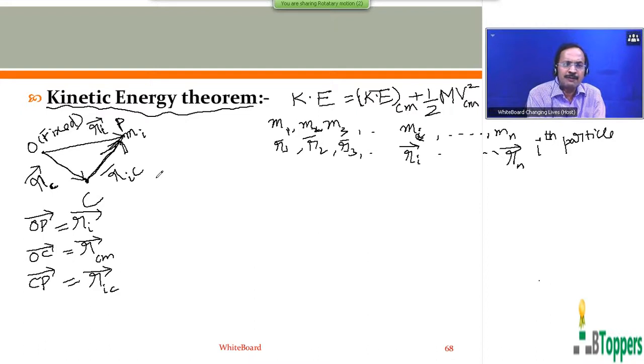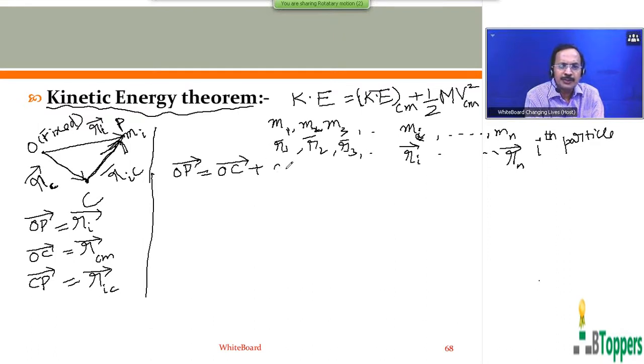Now from the triangle law of vector addition, you can write OP bar equal to OC bar plus CP bar.